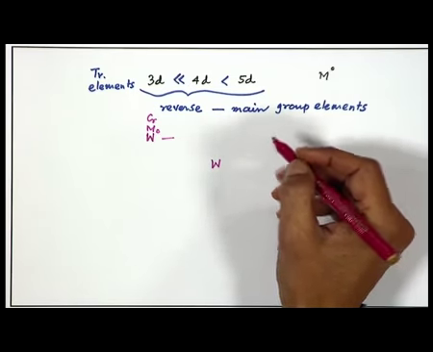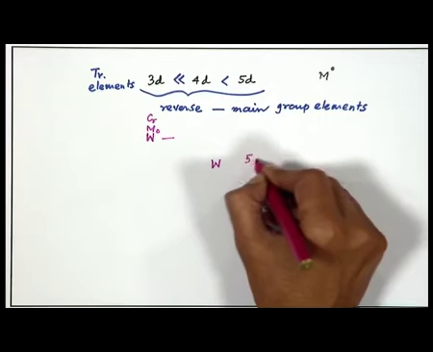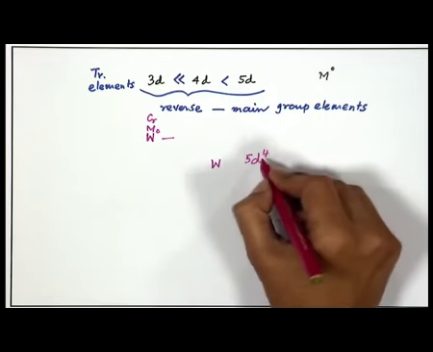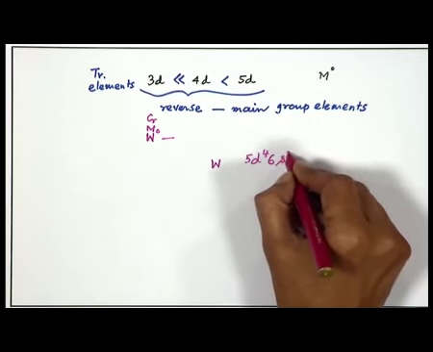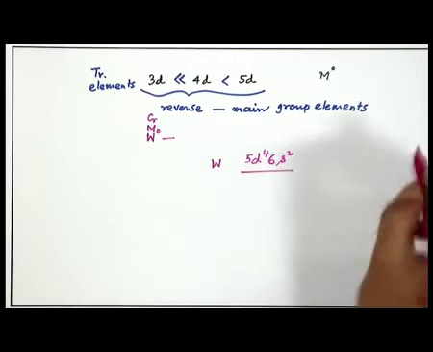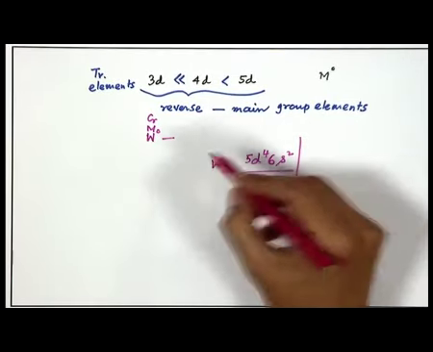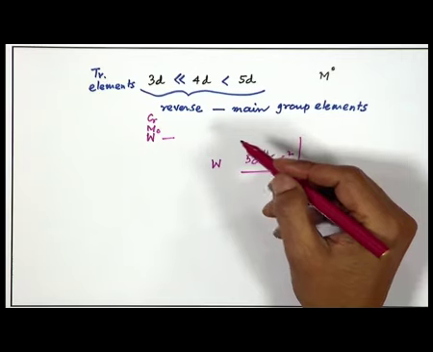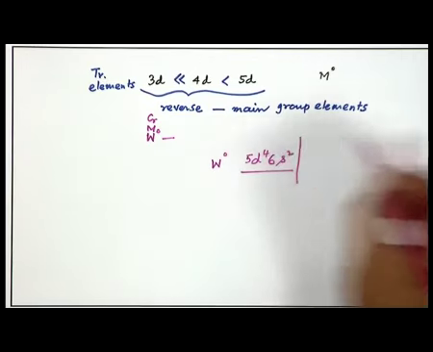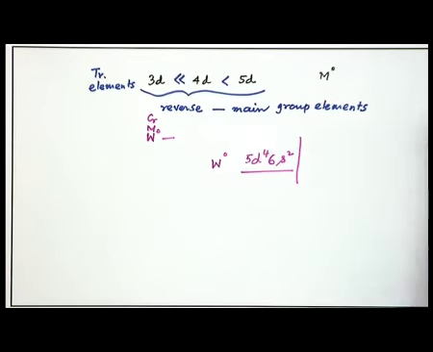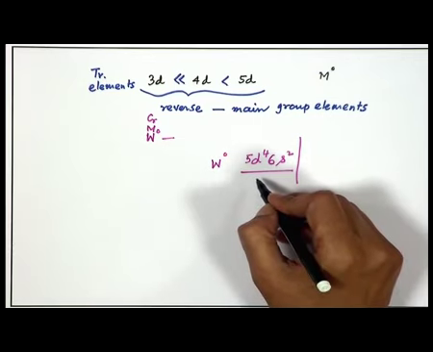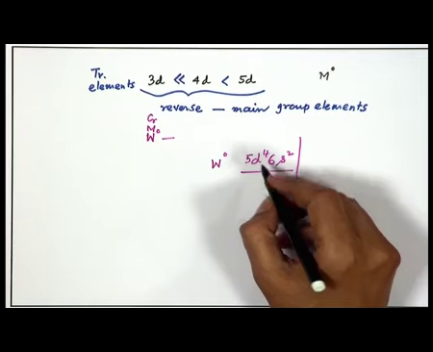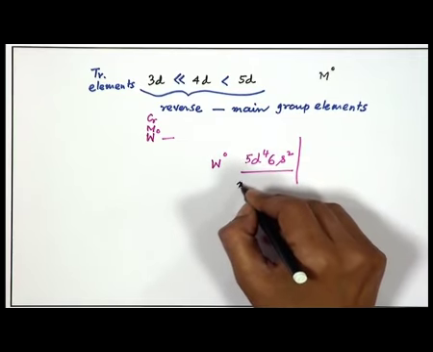So, we have 5d4 6s2. All these 6 electrons, if we consider the corresponding property in its 0 state, that means tungsten in the metallic state, these 6 unpaired electrons participate strongly in metallic bonding.